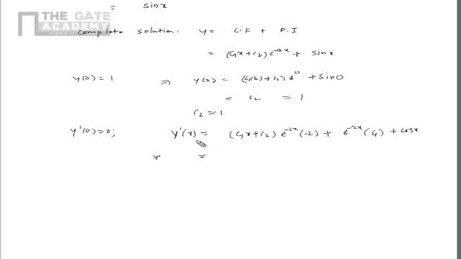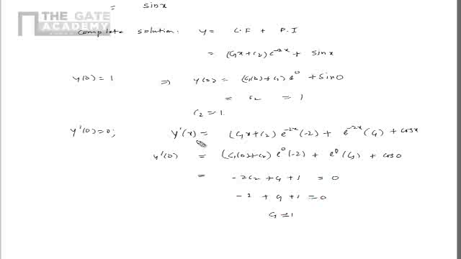Now y dash of 0 will be minus 2 c2 plus c1 plus cos 0, which is 1, and this value is given as 0. Since c2 is 1, minus 2 plus c1 plus 1 equals 0, so c1 will be 1.